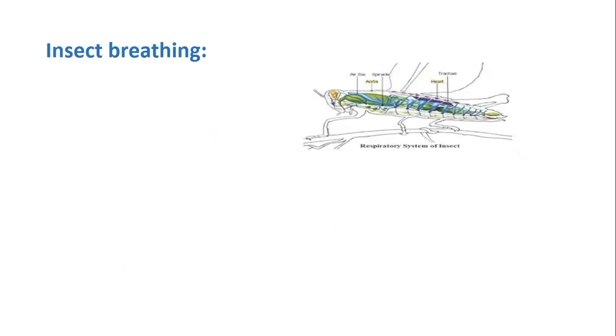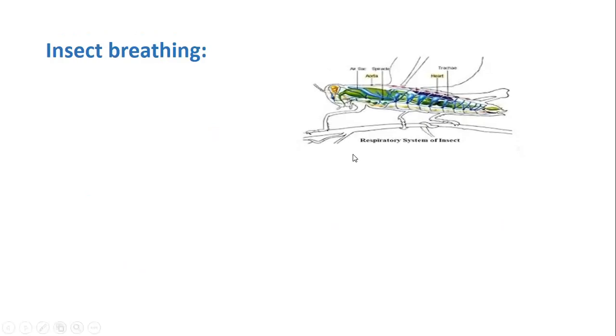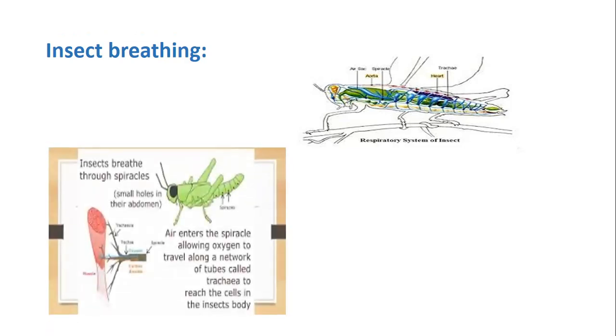Insect breathing. Look at the cricket respiratory system of insect. This blue web is called the trachea, with openings in the body of this insect in here and in there. So air enters and exits from an opening which is called spiracle.